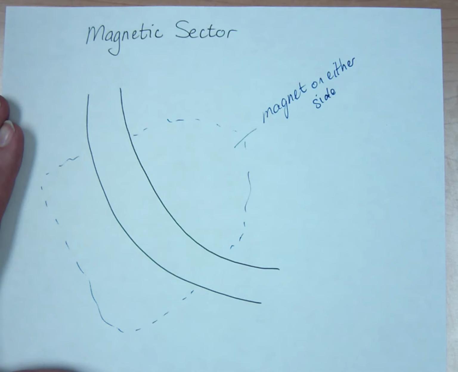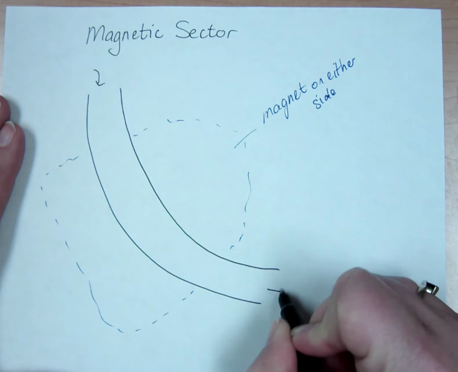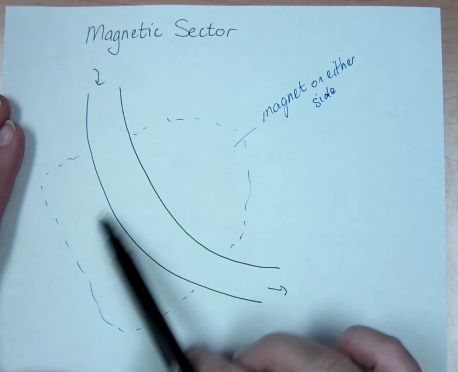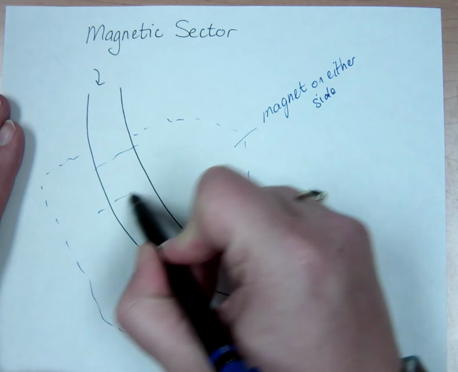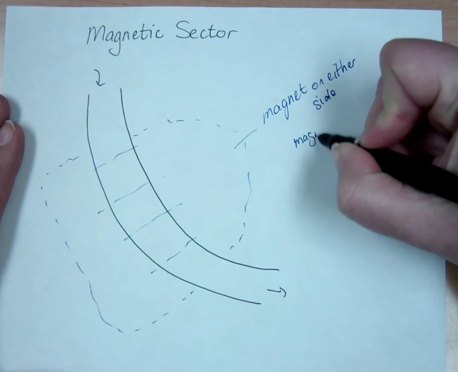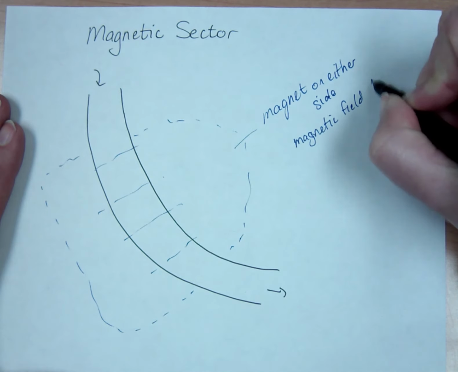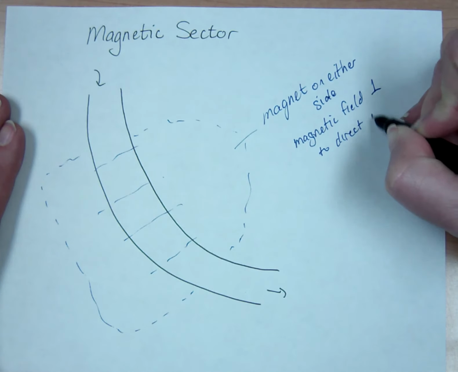So the field of the magnet is going to be perpendicular to the direction of travel. Our ions are going to come in up at the top, they're going to come out at the bottom, and so our magnetic field is going to be perpendicular to that travel. We have our magnetic field going across the field of travel. So, magnetic field perpendicular to the direction of ion motion.